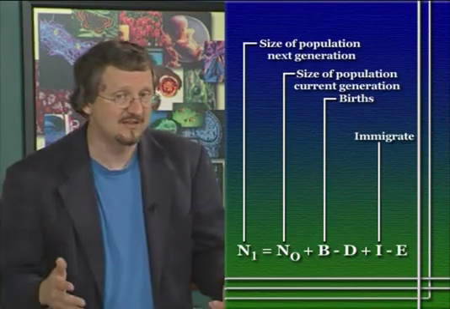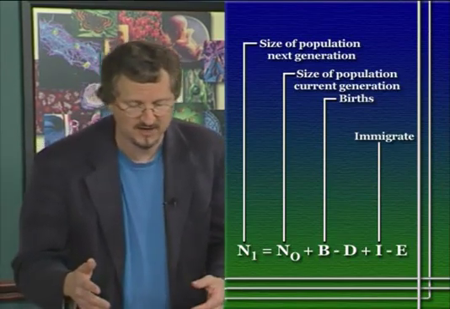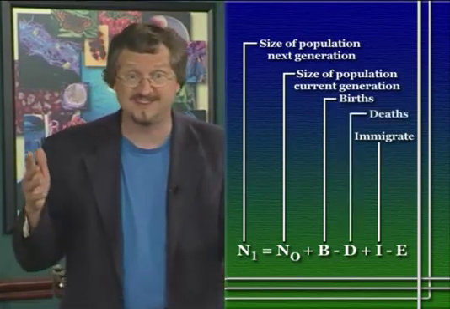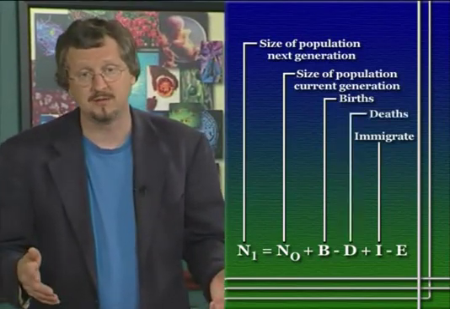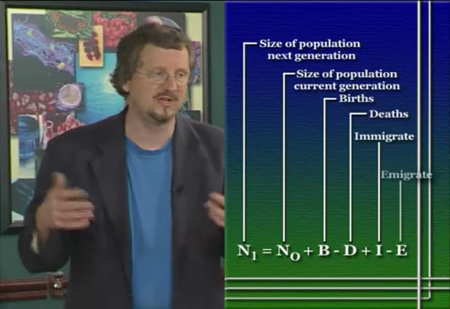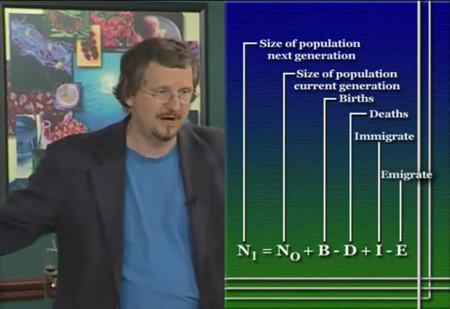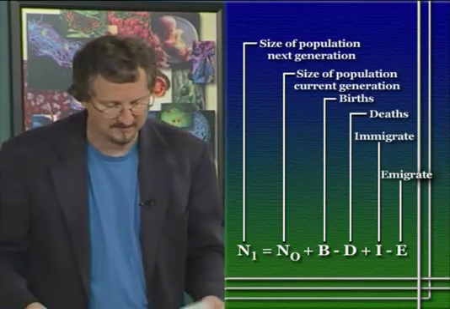We're also subtracting some things from the right side of the equation. We're subtracting capital D, and that stands for the number of individuals that die in some period of time. And we're going to subtract this capital E. Those are the number of individuals that emigrate out of the population, leave the population and go someplace else.